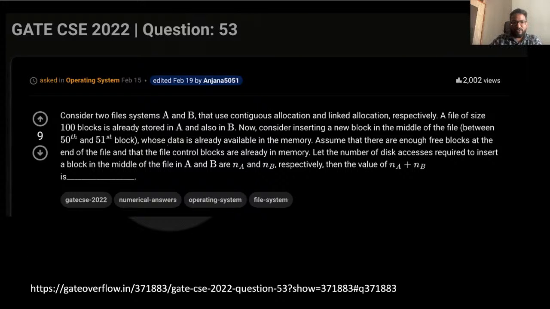A file of size 100 blocks is already stored in A and also in B. Okay. So there is a file that is taking 100 blocks that is stored in A, which is obviously, because of the contiguous allocation, stored contiguously, right?